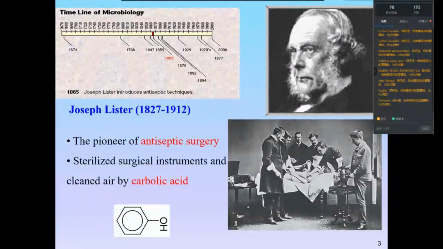He reintroduced the concept of asepsis in surgery, and he tried to sterilize the surgical instruments by boiling them in carbolic acid, and he tried to spray the surgery room with carbolic acid. Another name of carbolic acid is phenol.